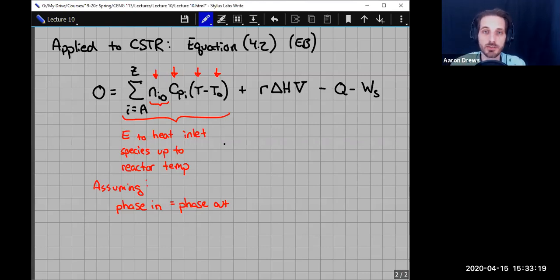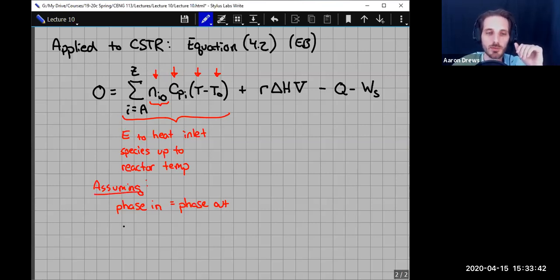That's not a problem. We occasionally will use this to feed liquid in, and then we will produce a liquid stream and a gas stream. That's okay. But we can't have a phase change of a single species from the inlet to the outlet. So if A comes in as a gas, it comes out as a gas. If it goes in as a liquid, it comes out as a liquid. But the different species can be in different phases.